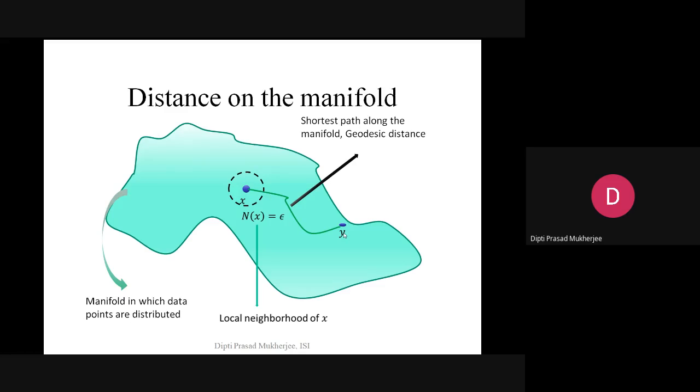So you find the distance on the manifold, not the crow distance, not the bird distance. The bird is assumed to fly from point A to point B in a minimum distance fashion. But maybe your distance calculation could be completely wrong if you follow that. And that's what happens in many cases.